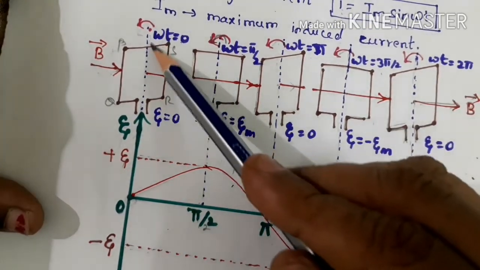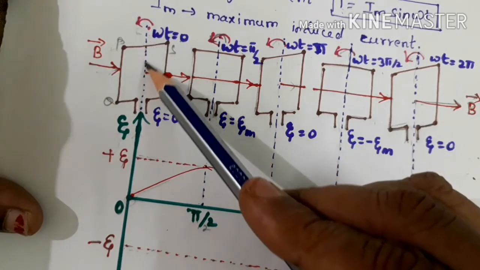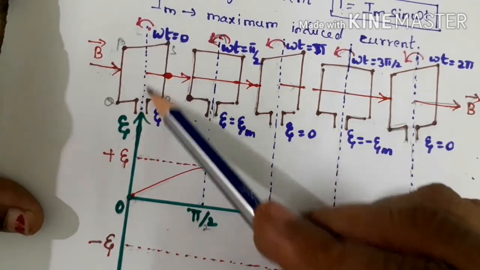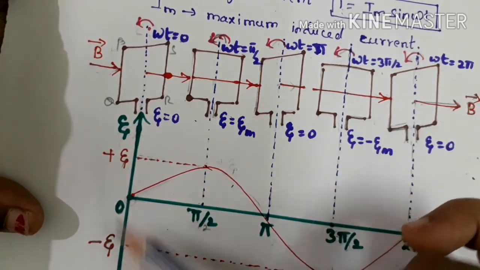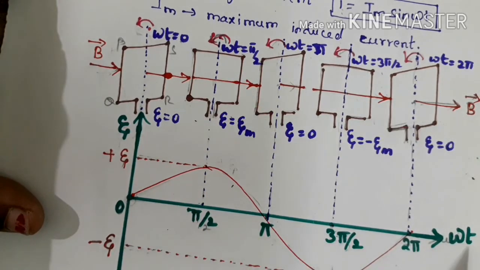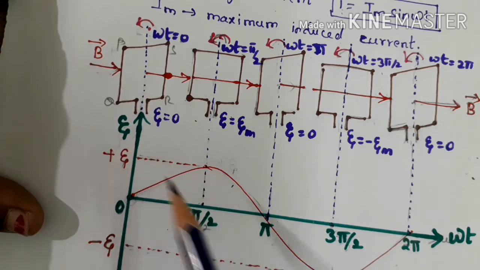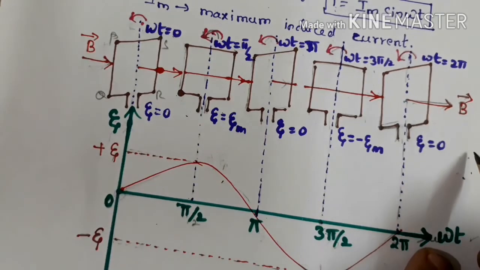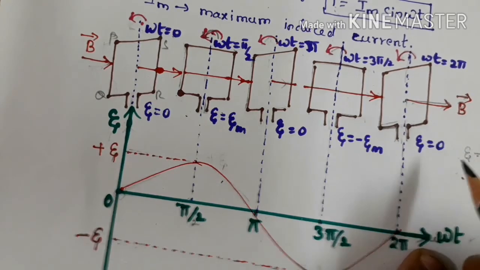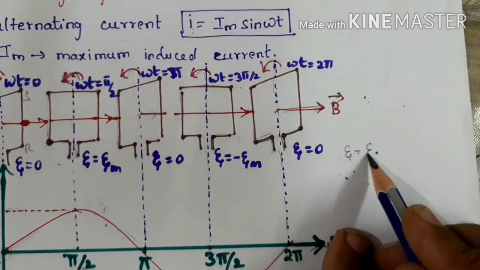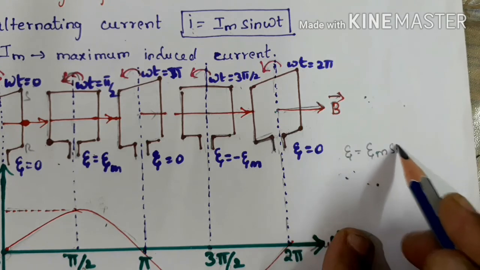Now this axis of rotation, from the first part, you can draw the y-axis. Now this will be the x-axis, omega t along the x-axis and EMF along the y-axis. If you know the formula, children, epsilon is equal to epsilon m sin omega t.